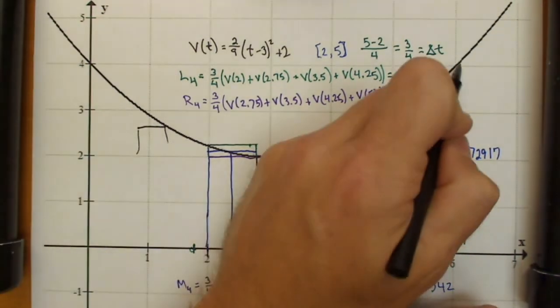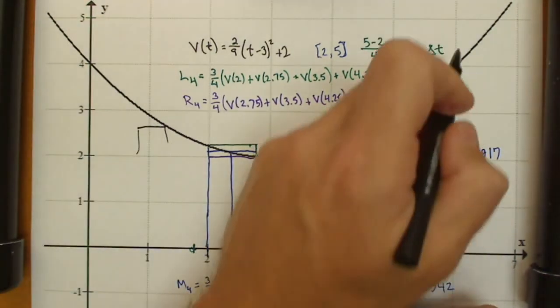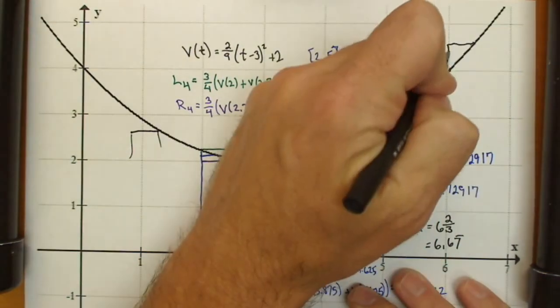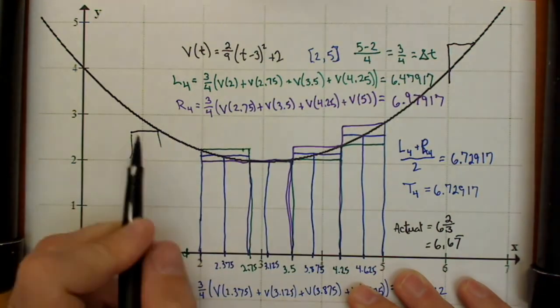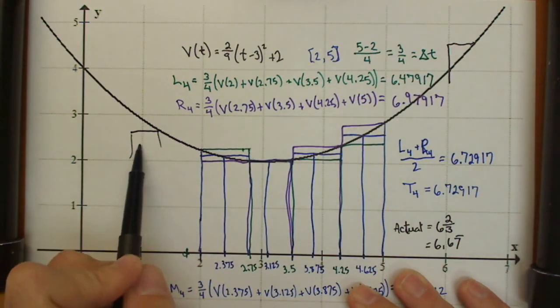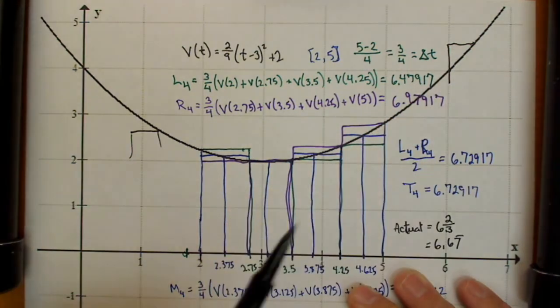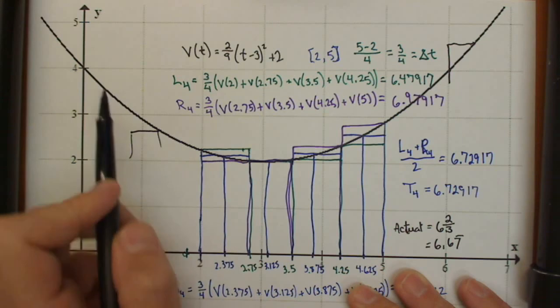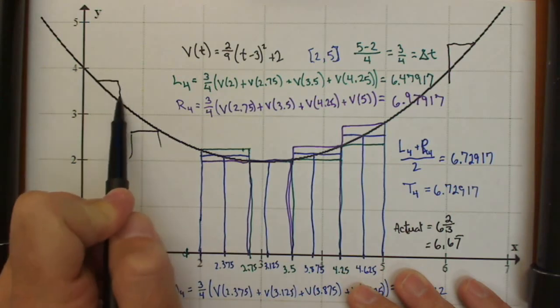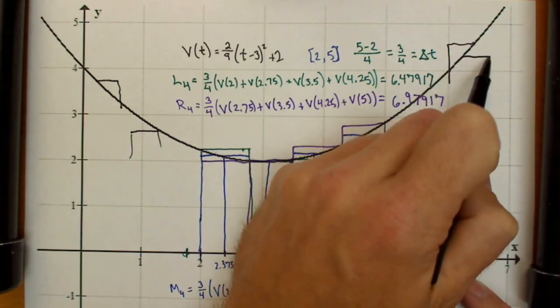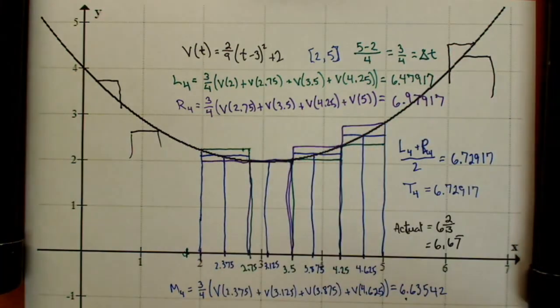But if our function is increasing and we're using a right-hand rule, our rectangle will sit above. So the right-hand rule is an underestimate if our function is decreasing, and an overestimate if our function is increasing. The left-hand rule is exactly the opposite. The left-hand rule will be an overestimate if our function is decreasing, and an underestimate if our function is increasing.